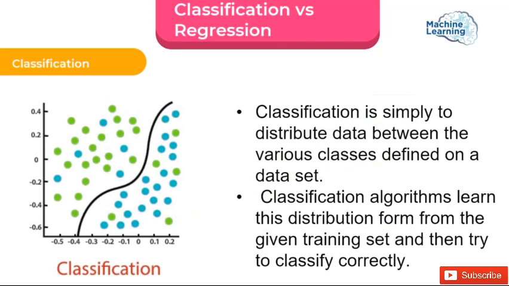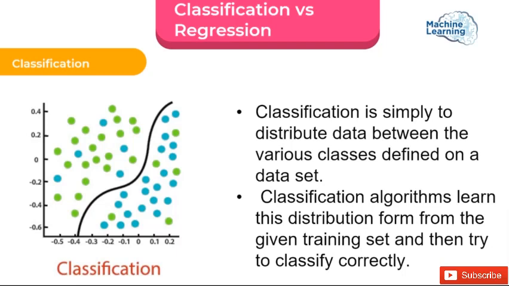Classification is simply a way to distribute data between the various classes defined on a data set. Classification algorithms learn this distribution form from the given training set and then try to classify correctly. In classification, the group membership of the problem is defined.